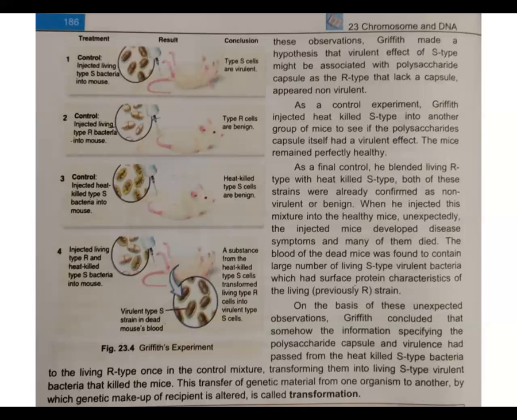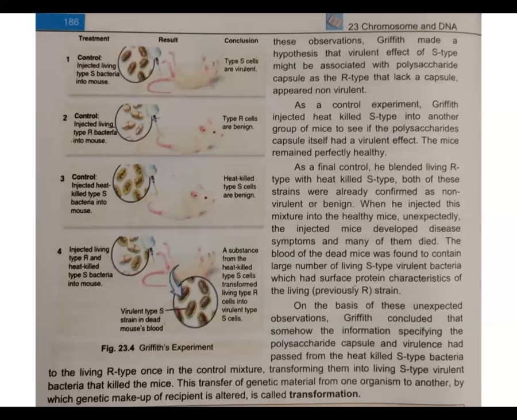The blood of these mice was found to contain a large number of S type virulent bacteria, which had surface protein characteristics of the previously living R type strain. This was quite shocking at that time: what actually resulted in the death of the mice, and where exactly did this live S type come from when it was not injected into the mice in the first place at all?